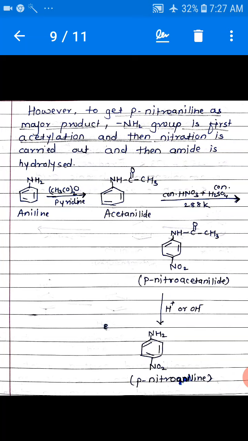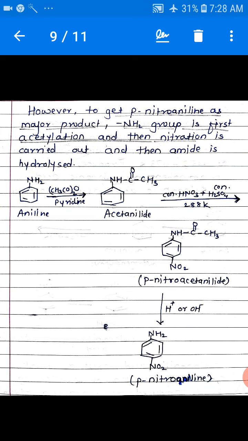Here, to obtain para-nitroaniline as a major product, first there is aniline, means NH2 group attached to benzene ring, and this on acetylation, that means here acetic anhydride in presence of pyridine, gives acetanilide, that is NHCOCH3, nitrogen attached to benzene ring.